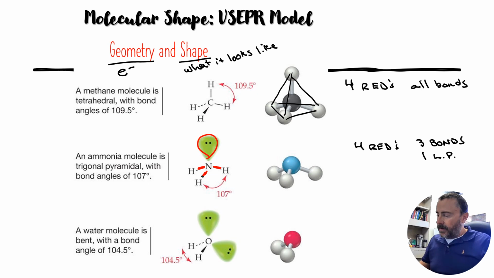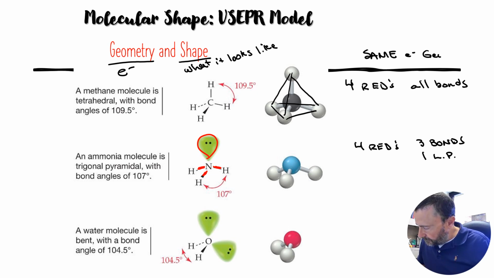So both of these have the same electron geometry, but their shapes are actually different from each other.